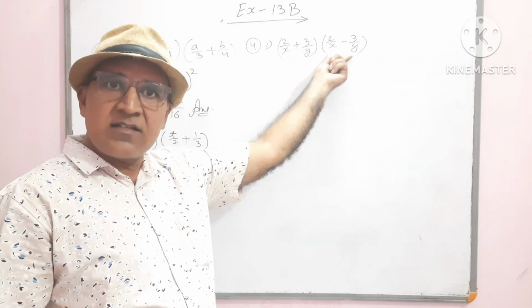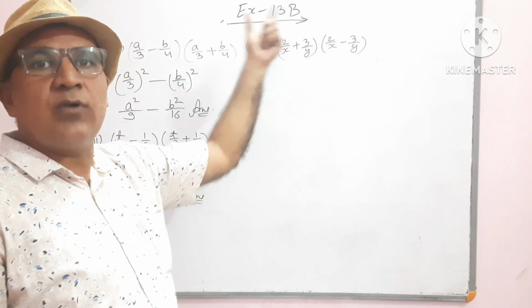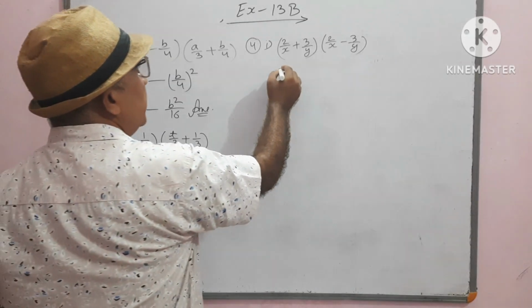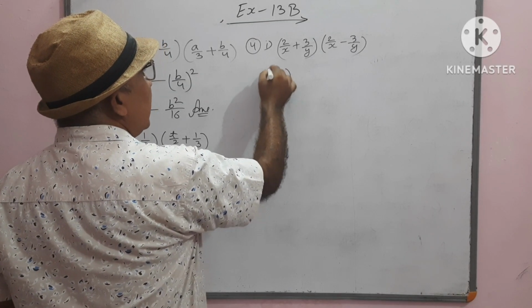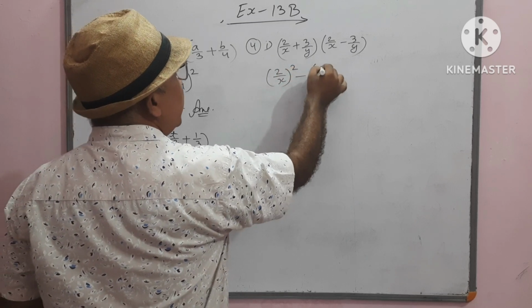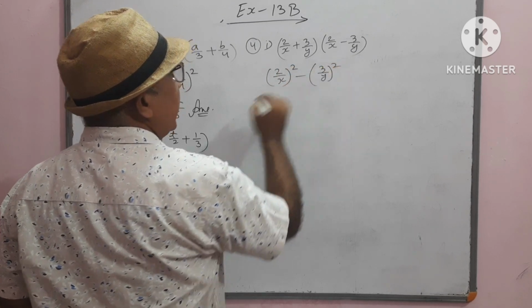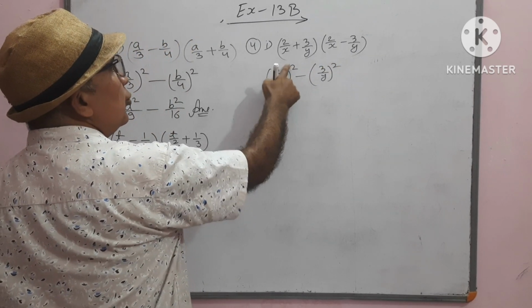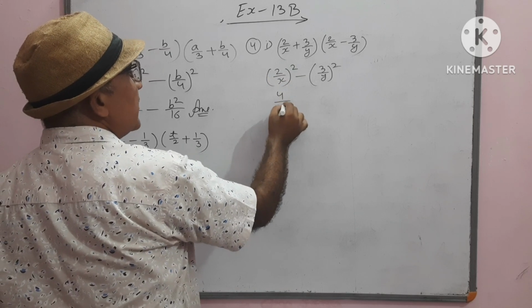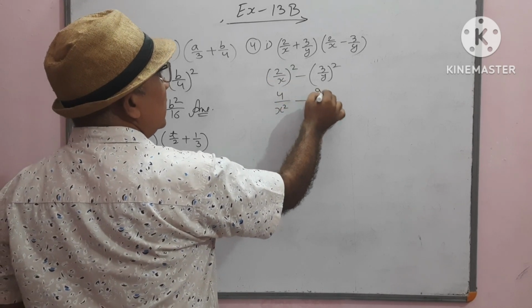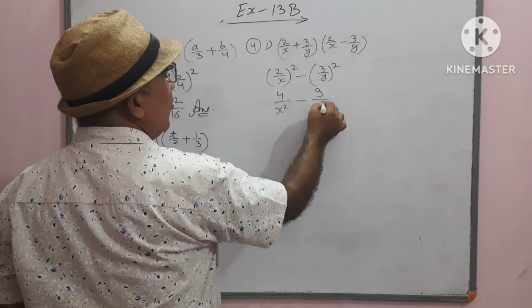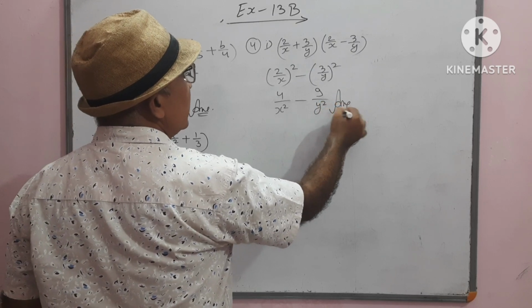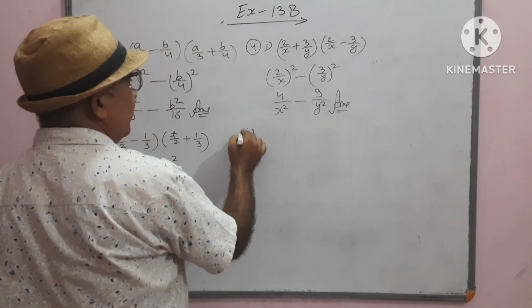So the identity says that it will become a square minus b square. That means square of the first term minus square of the second term. Now 2 square is 4, x square is x square. 3 square is 9, y square is y square, and this will be your answer.